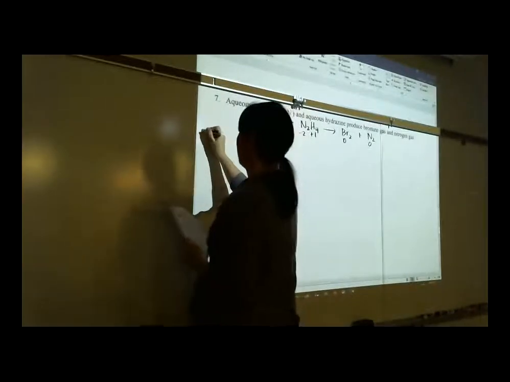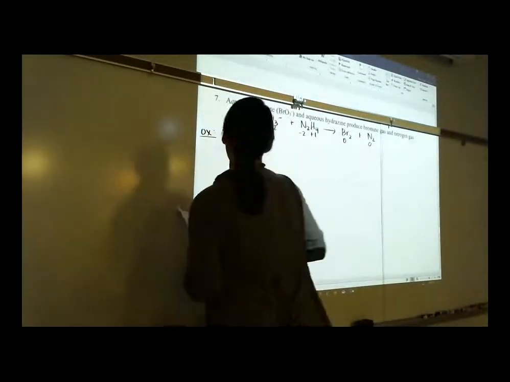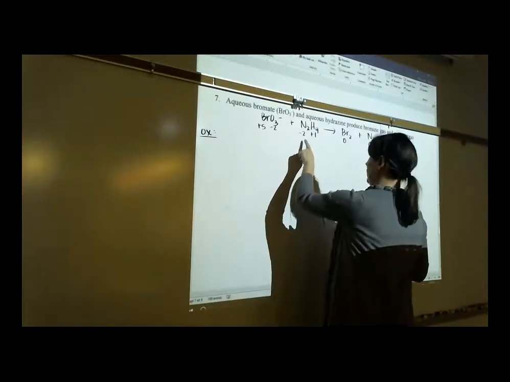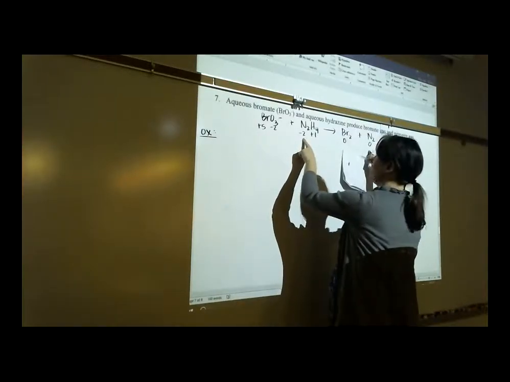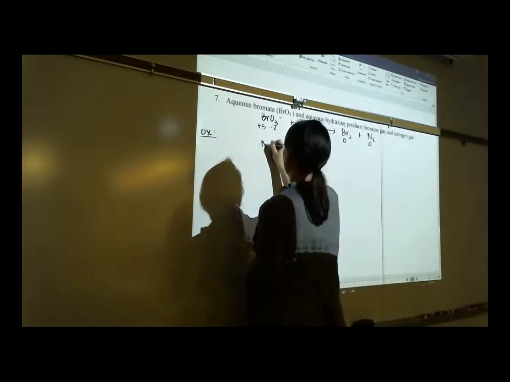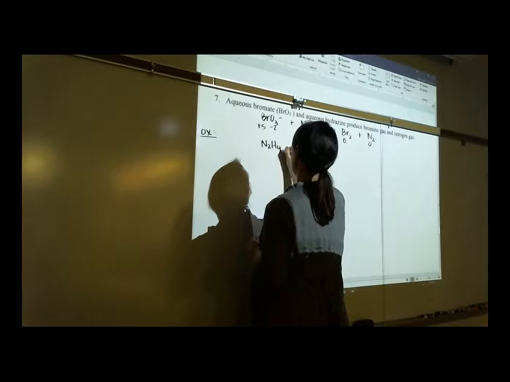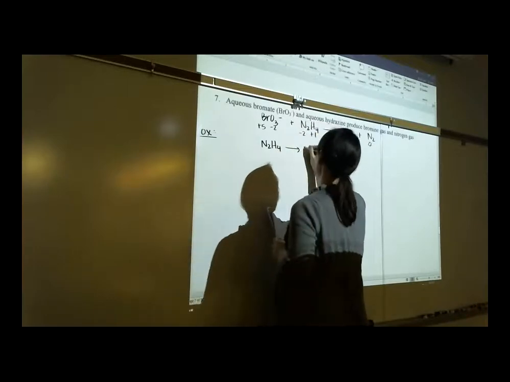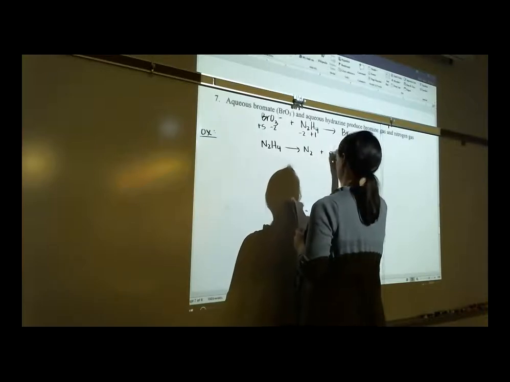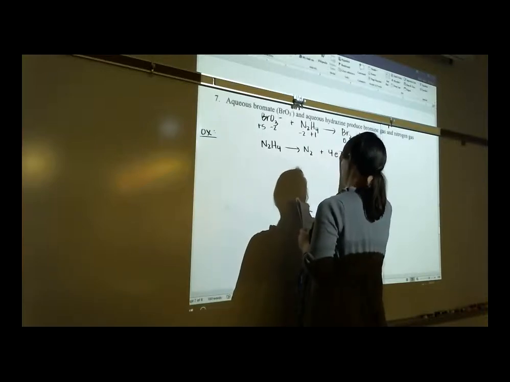All right, so for the oxidation, we are going from -2 to 0, right? That's a loss of 2 electrons. So N2H4 going to N2 plus 4 e minus.